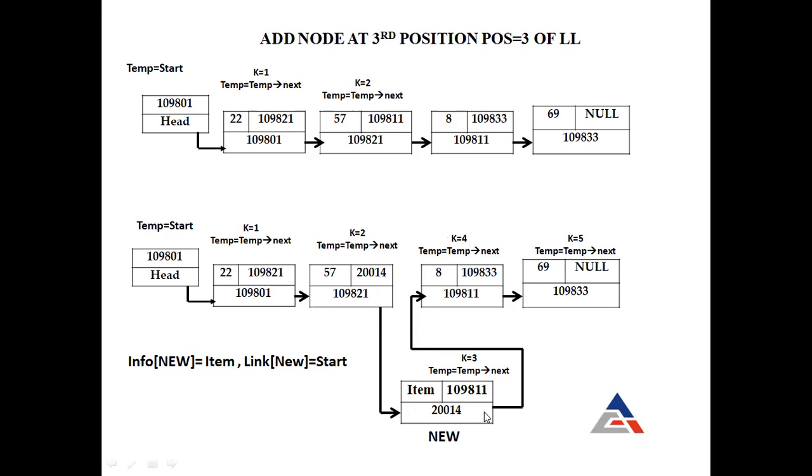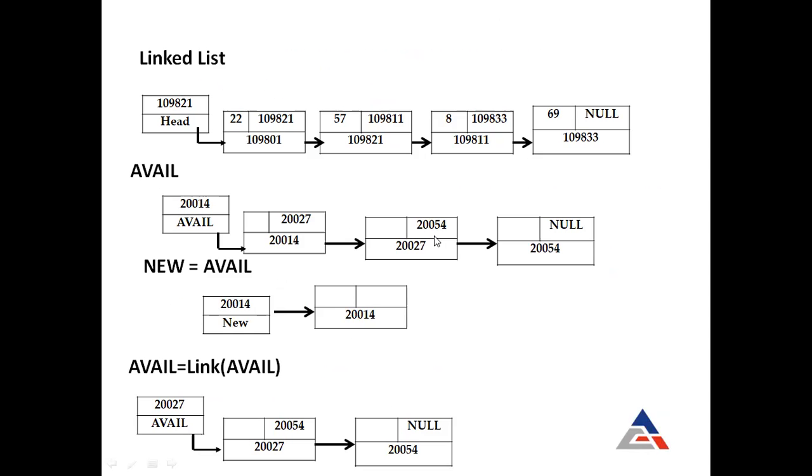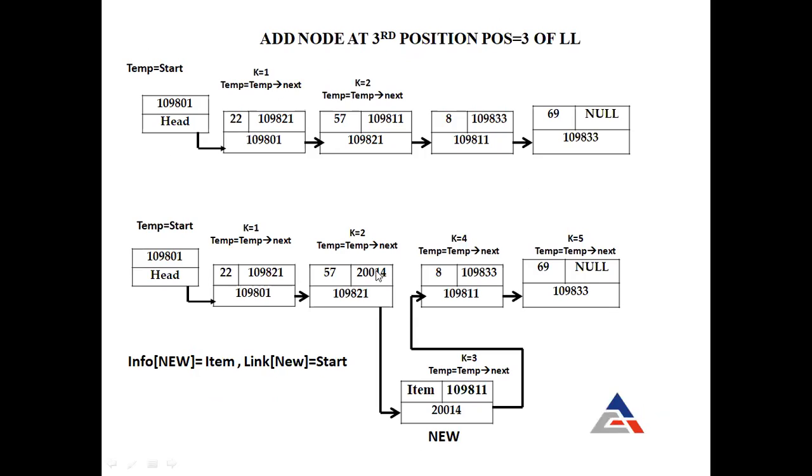So this is the new node, and here the value gets changed. You can see over here that temp of next is equal to new node. This is the address of the new node that comes in temp of next, and this is the new node.